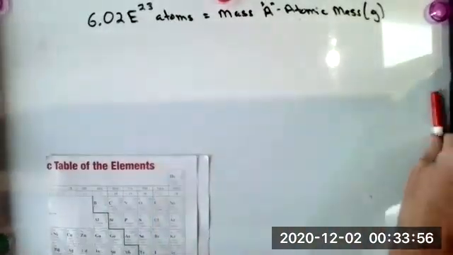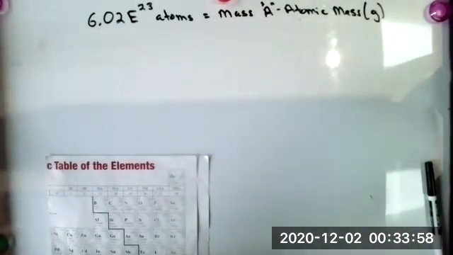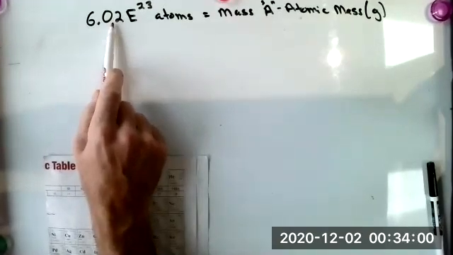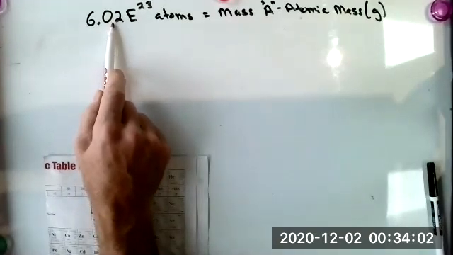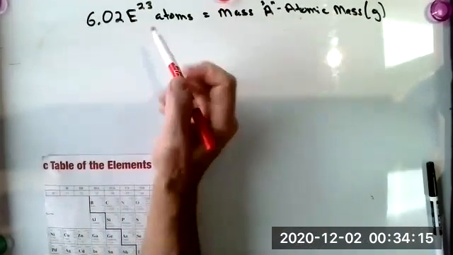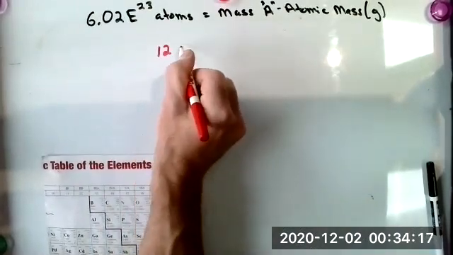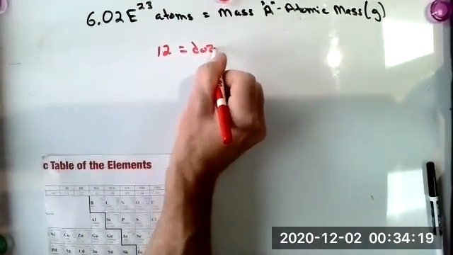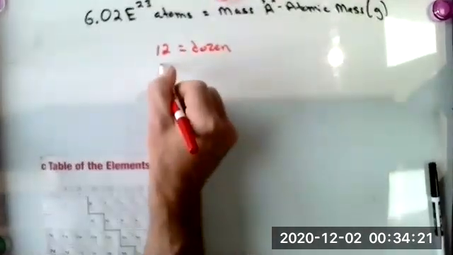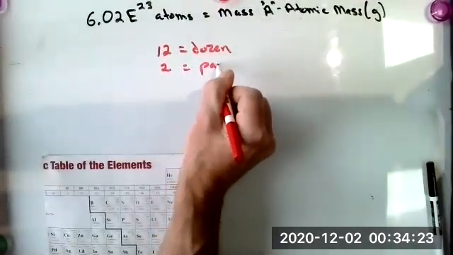Well, before I do that, you see this number right here? Well, and don't laugh. No, I want you to laugh. Go ahead and laugh. I don't care. Get it out of your system. They gave this number a name. Like this, we could call 12 a dozen. We can call 2 a pair, right?